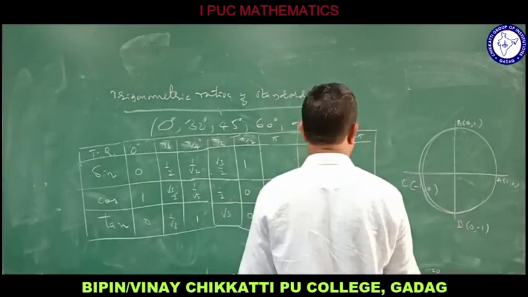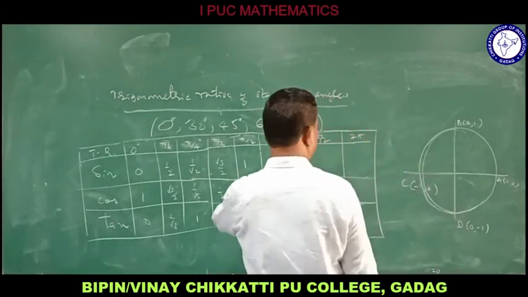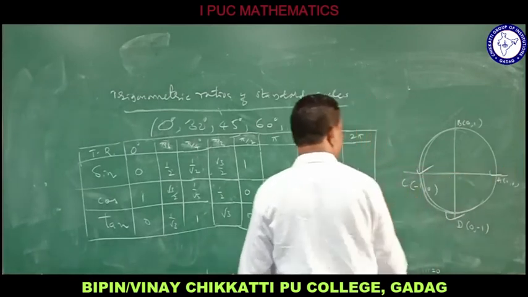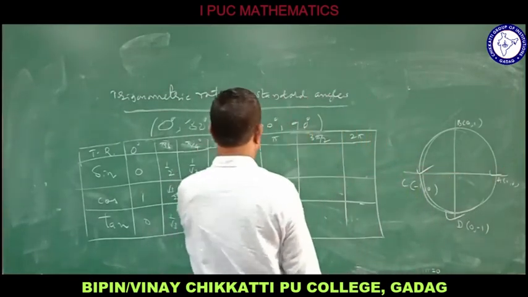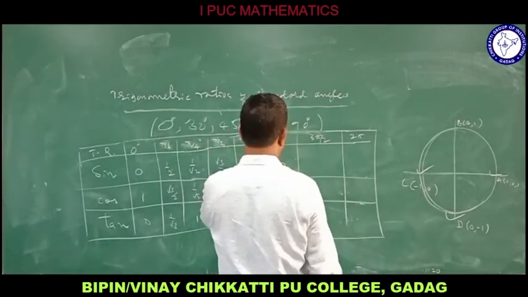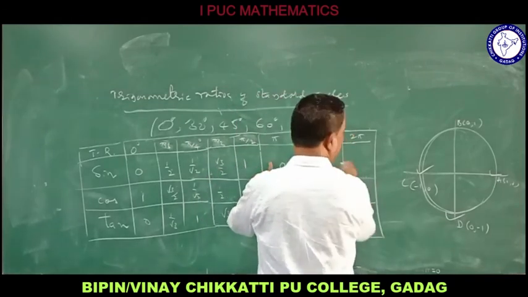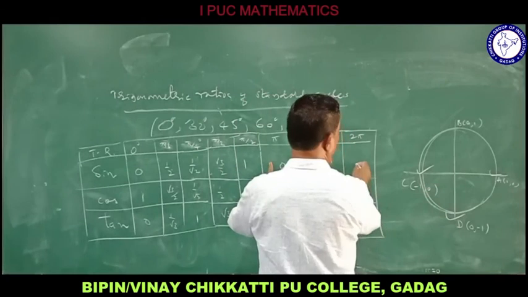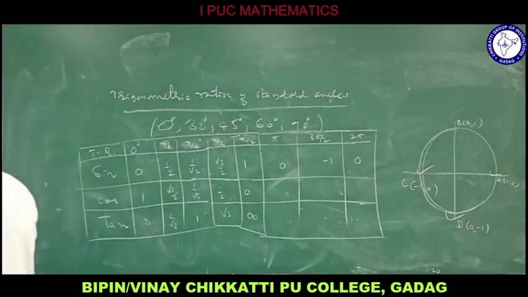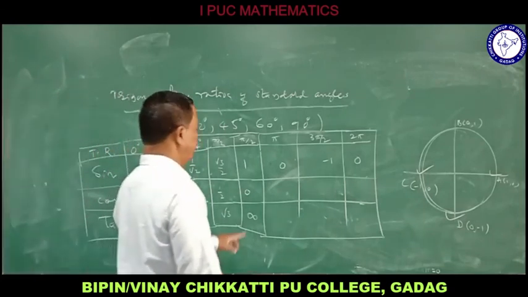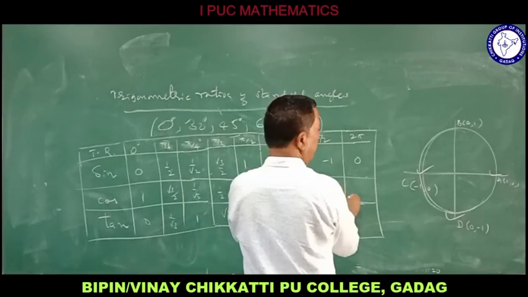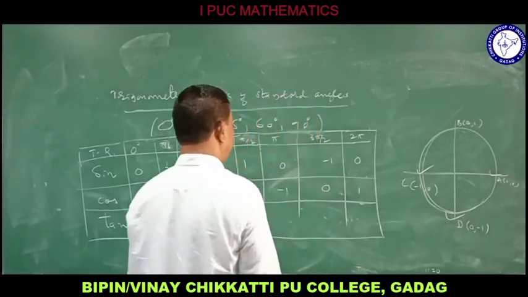First is the cosine, second is the sine. When 90 is over, now I take pi, 3 pi by 2 and 2 pi. At pi, cosine is minus 1 and sine is 0; at 3 pi by 2, cosine is 0 and sine is minus 1; at 2 pi, cosine is 1 and sine is 0. So for cos we have minus 1, 0, 1.